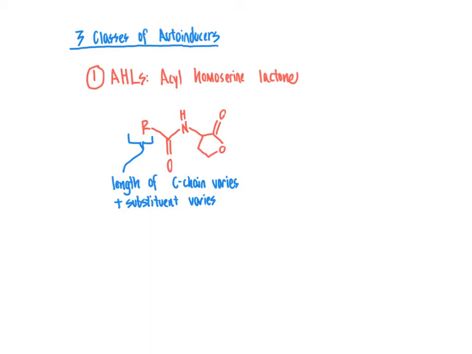The acyl homoserine lactones are primarily used by gram-negative bacteria. So if we look across gram-negative bacteria, such as E. coli, Vibrio species, which are producers of a lot of bioluminescence, and Pseudomonas aeruginosa, which is a gram-negative bacterium that is prevalent as an infection of the lungs of cystic fibrosis patients, primarily what we'll see is that acyl homoserine lactones are the main type of quorum sensing molecule autoinducer used there.